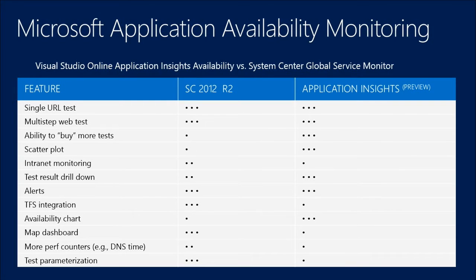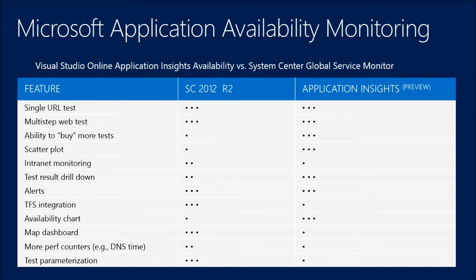This gives you a little bit of a comparison of the differences in application availability, using Global Service Monitor, between System Center 2012 R2 and Application Insights. To clarify, Global Service Monitor, or GSM, is a service hosted inside of Microsoft Azure that has data centers around the world that we use to collect delays, latencies, and availability metrics across all these different probes around the world.